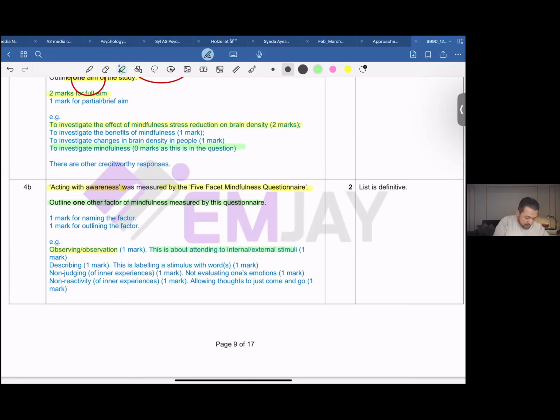So for command words, I'd strongly advise that you all go through your command words and what the examiner means when they use the word outline, what they mean when they use the word explain, what they mean when they use the word identify, when they use the word describe, when they use the word evaluate, and so on and so forth. So this is how you're getting the first mark, and this is how you're getting the second mark.